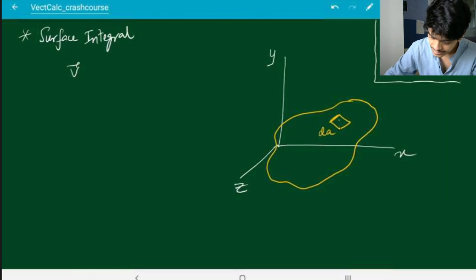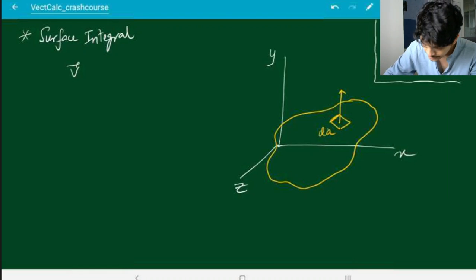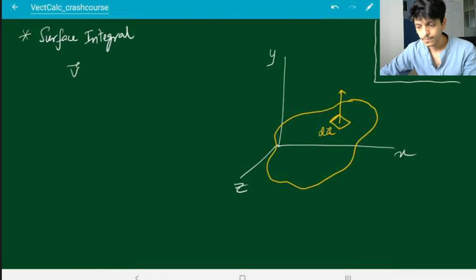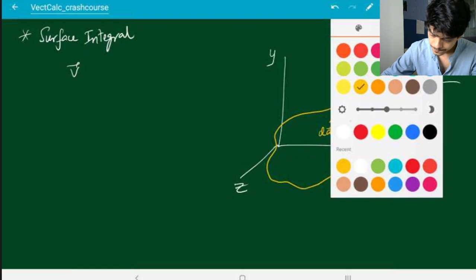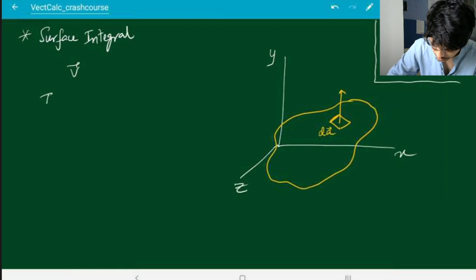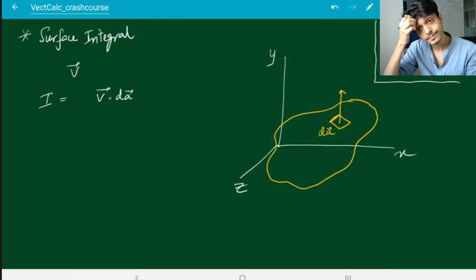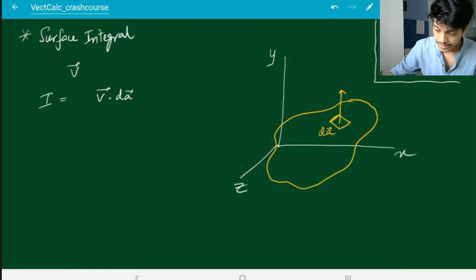and this dA has a direction. dA always points perpendicular to the surface. So dA is actually a vector. And now I can define the surface integral as, so I take V dot dA, and so that's the contribution coming from just this one infinitesimal area.